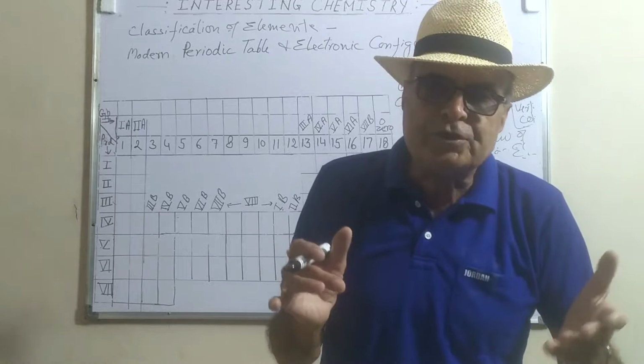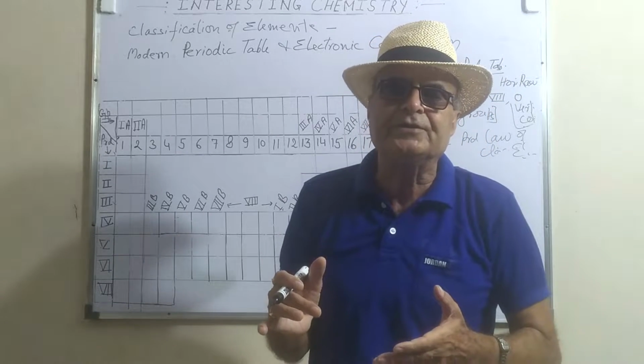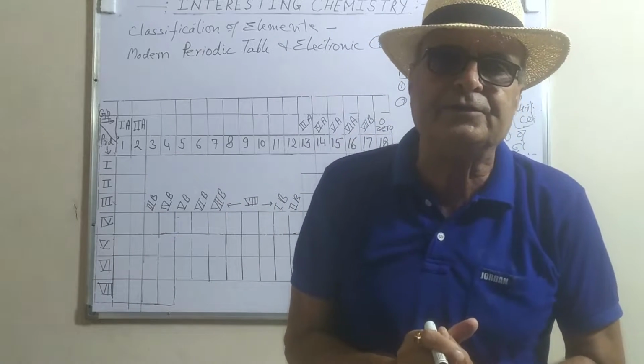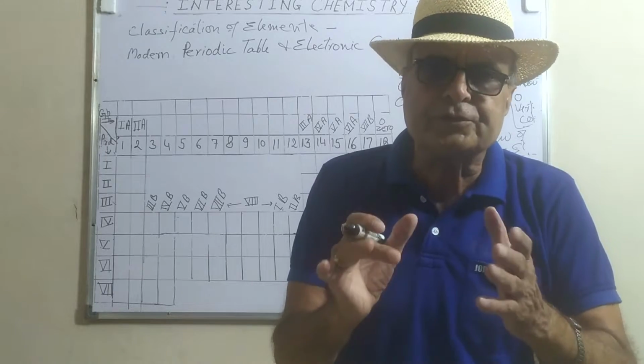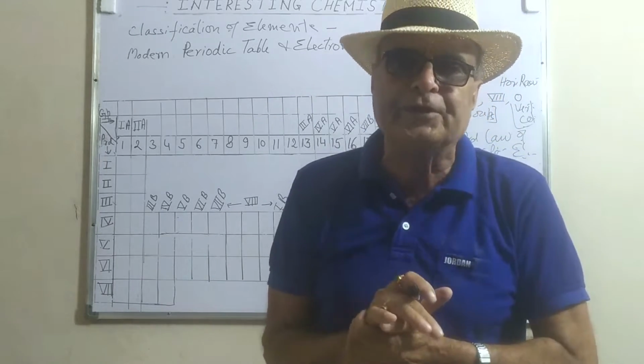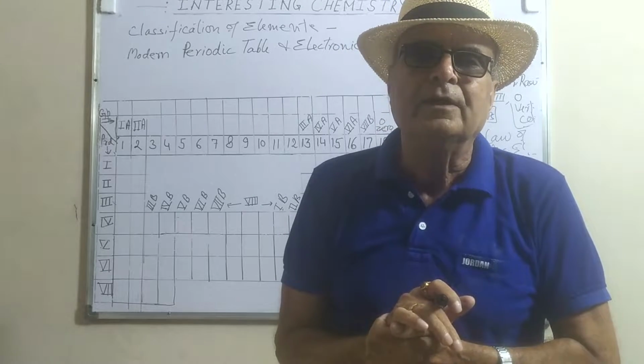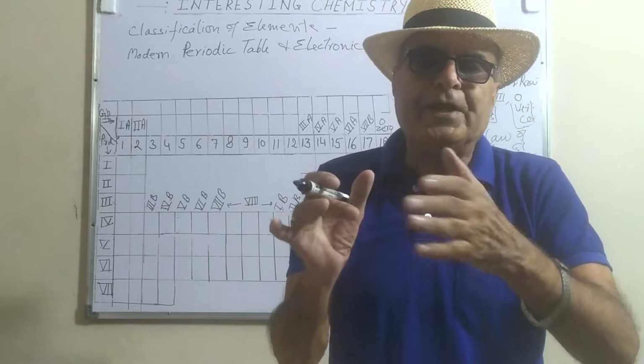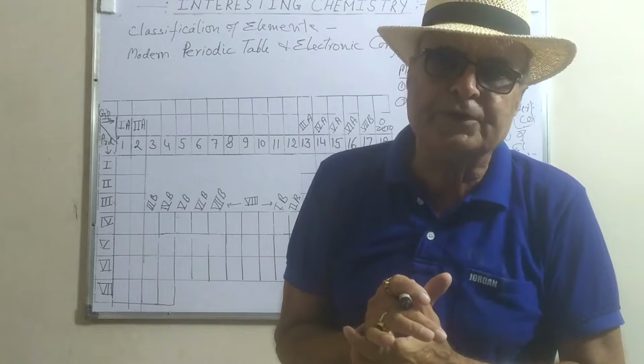So the question may be asked, and it is justified, why there are 18 groups in the modern periodic table or the long form of the periodic table as compared to the Mendeleev periodic table.